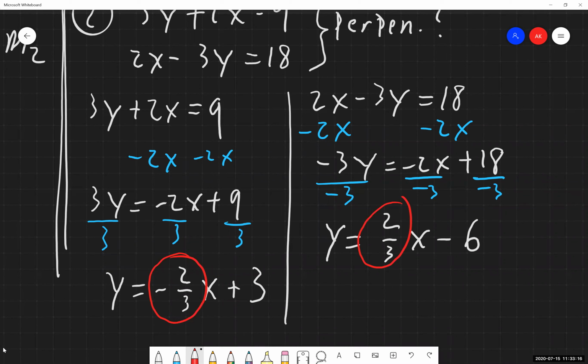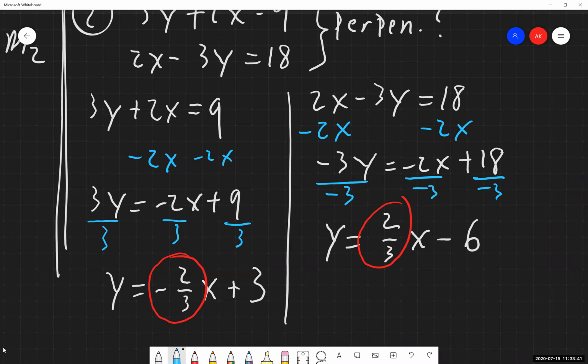Now, I have the slope of the first line. I have the slope of the second line. Are these things negative reciprocals of one another? Again, we were looking at this, saying, okay, well, one is negative and one is positive, so that's part of the requirement for being negative reciprocals of one another. So that's good.